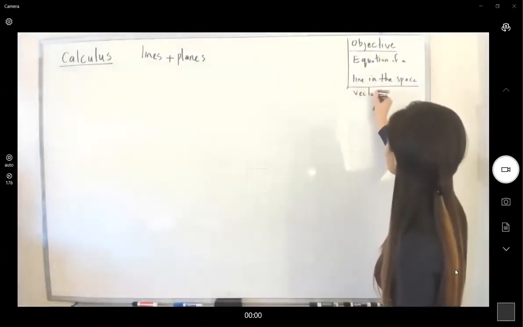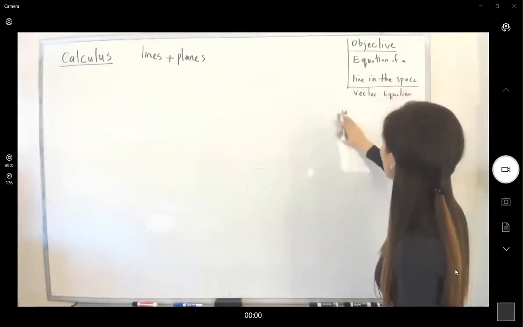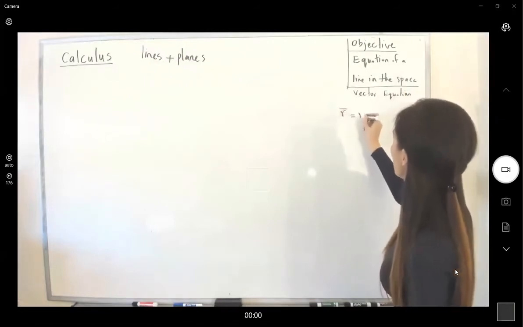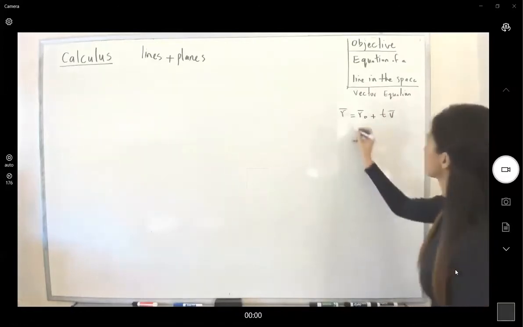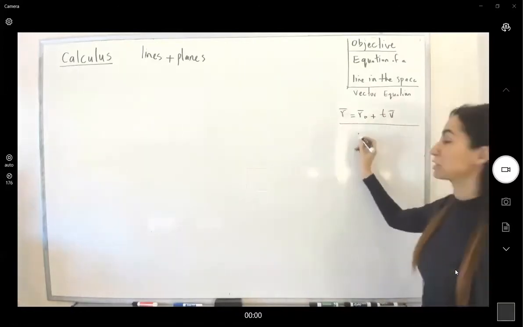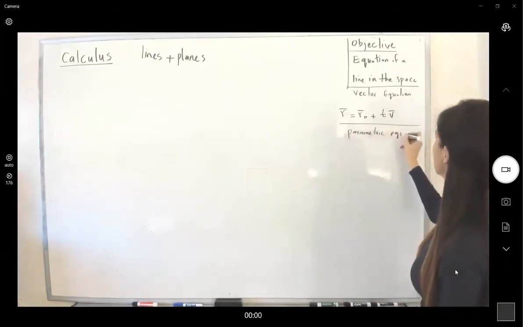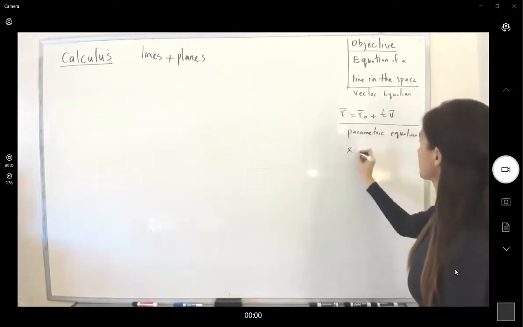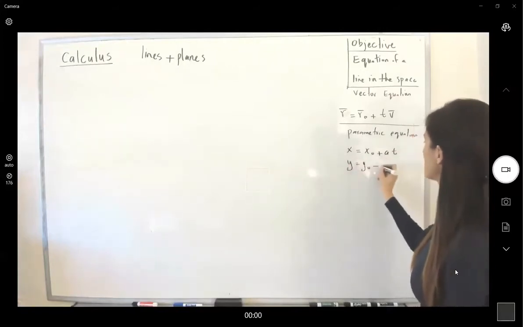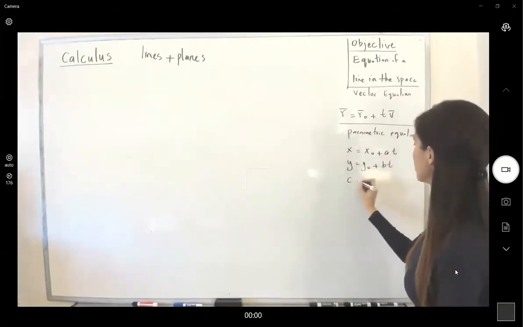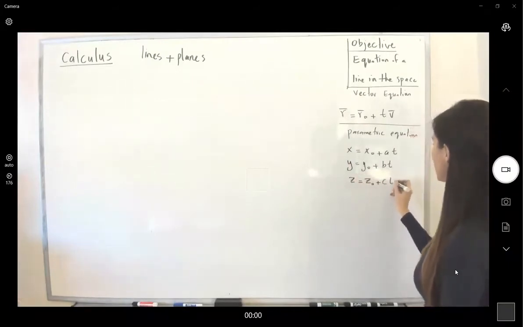Vector equation: R is equal to R sub 0 plus T times V. And then we learned about parametric equation: X is equal to X sub 0 plus AT, Y is equal to Y sub 0 plus BT, and Z is equal to Z sub 0 plus CT.